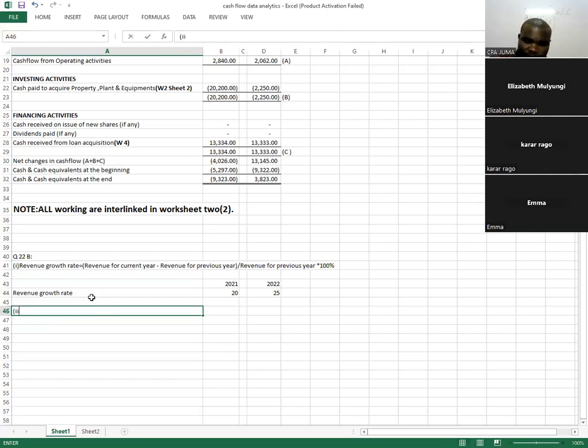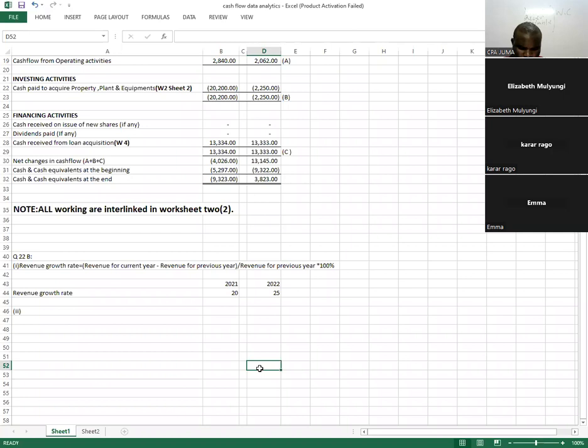You know this is FM. How do we get the 2-year cumulative average revenue? Someone with a formula?